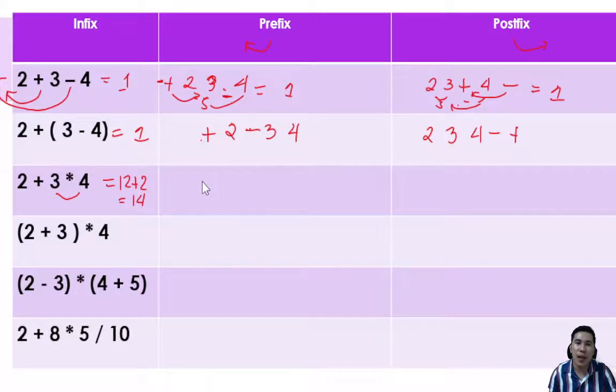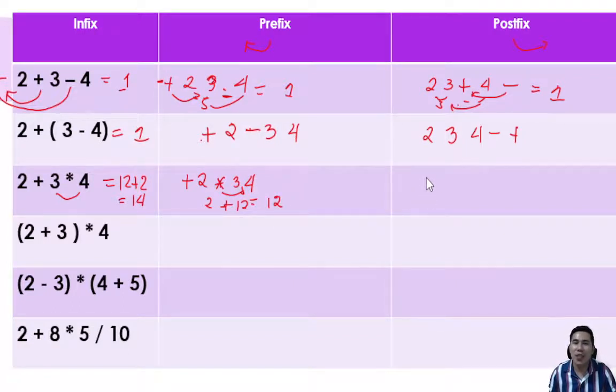It should be 3 and 4 first, so 3, 4 times, and then plus 2. So 3 and 4 are evaluated first, which gives 12, before adding it to 2.